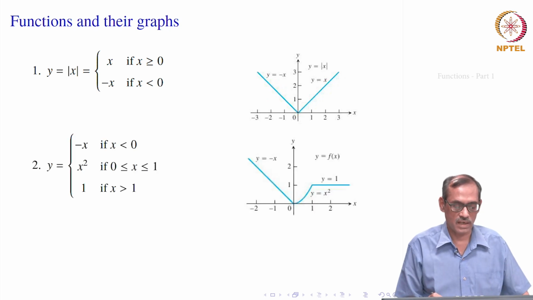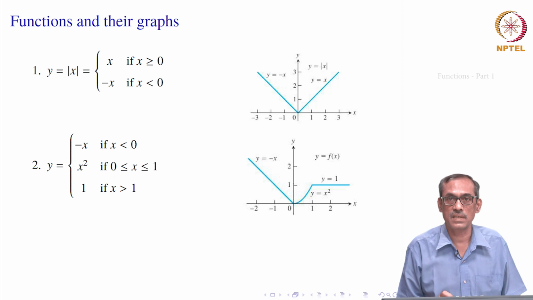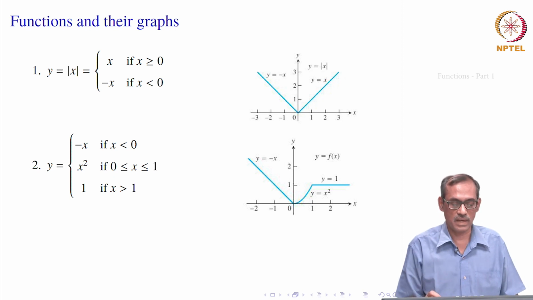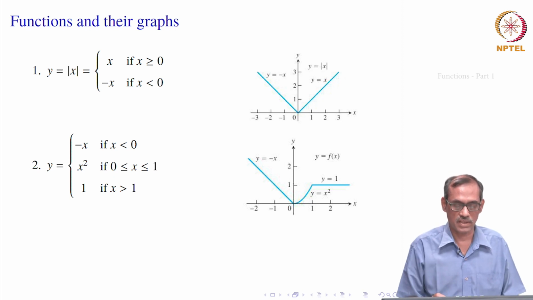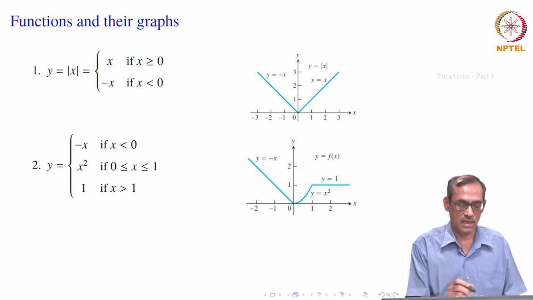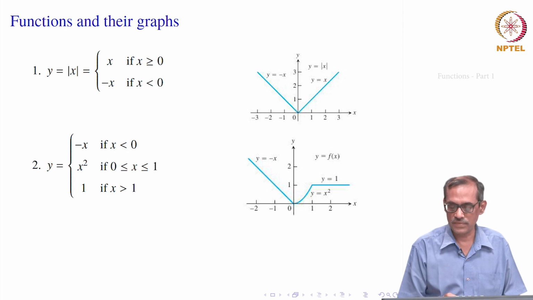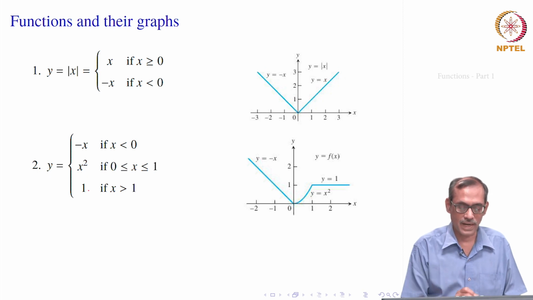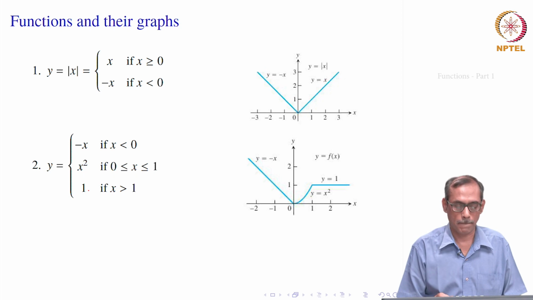Let us consider another. Suppose we give y as a function which is defined this way conditionally in 3 cases. It is minus x if x is negative, and it is x square if x lies between 0 and 1, including 0 and 1 also, and it is 1 if x is bigger than 1. It is a constant function if x is bigger than 1. So, let us take that case, that is simpler to see. Y is constant.